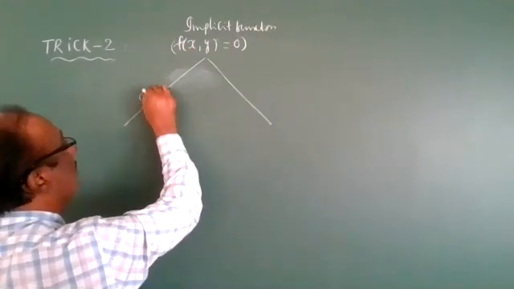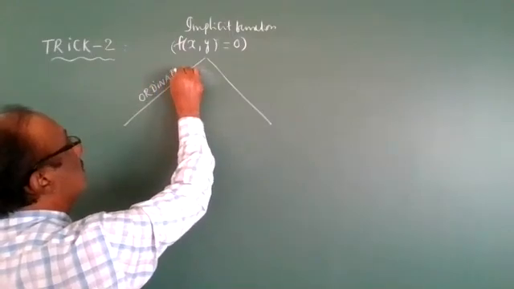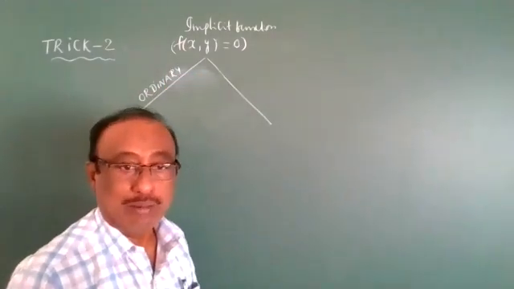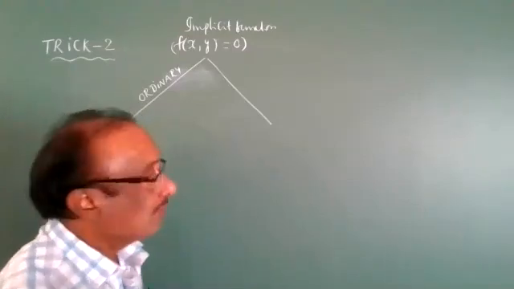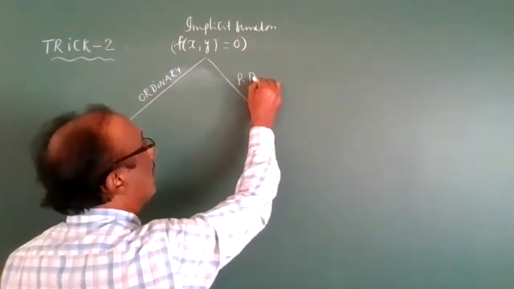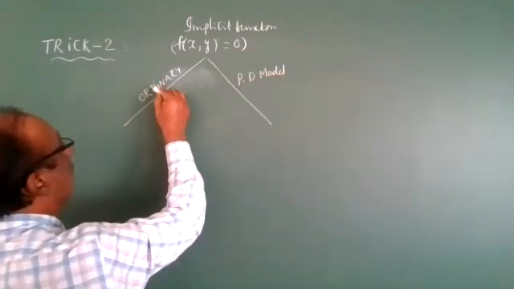One is the ordinary model, which we already do in the subjective problems, and the other is the partial differential model, the PD model. So ordinary model and PD model.